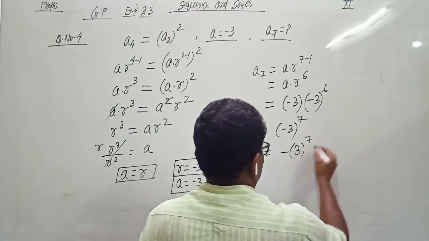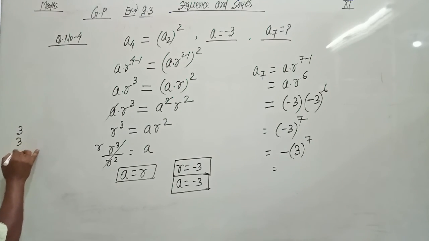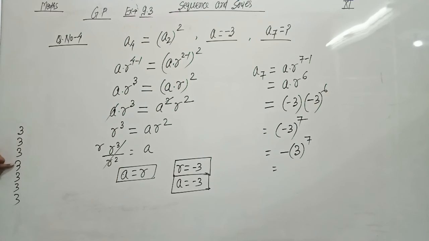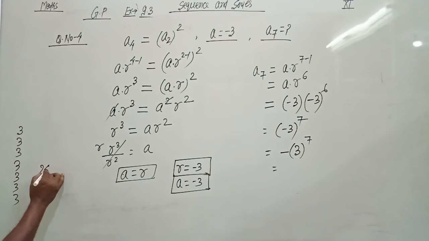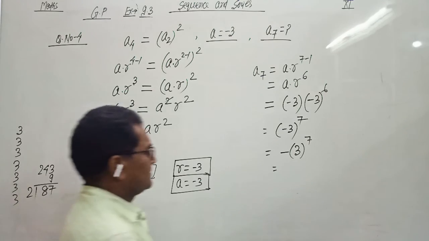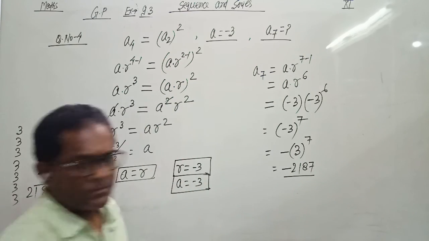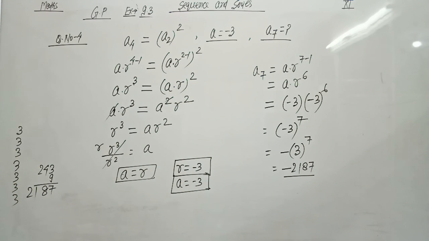The value of 3 raised to the power 7: 3 times 3 is 9, 27, 81, 243, into 9, 2187. So minus 2187. The value of the seventh term is minus 2187.